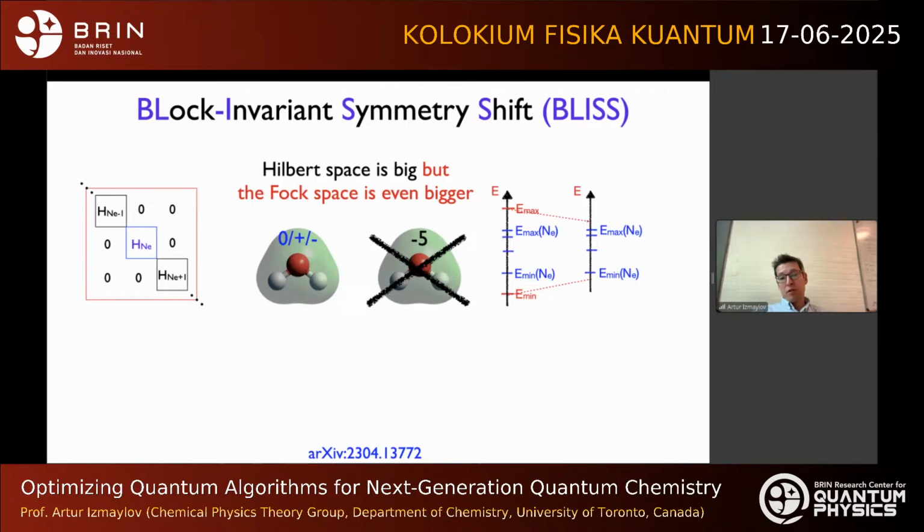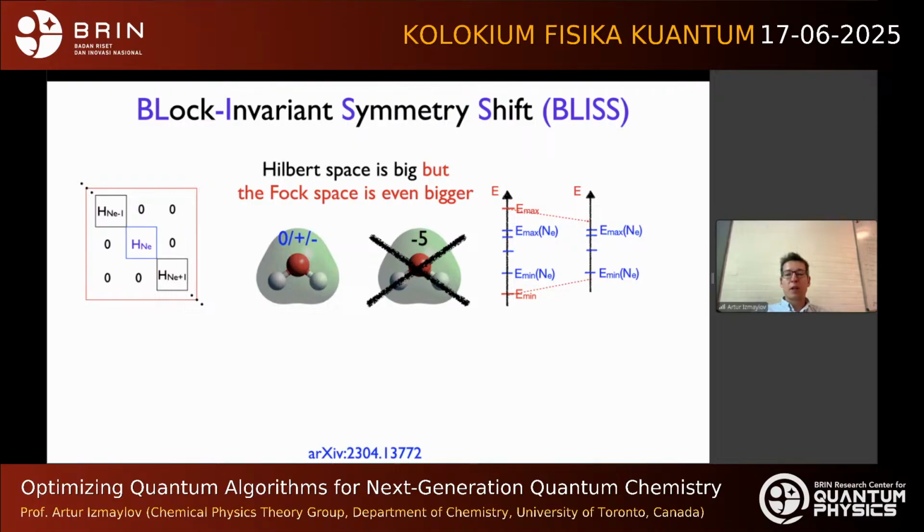Now, what can we do then? We can change the Hamiltonian, because some of these strange forms of water may have energies which are outside of the range of energies of the forms that we're interested in, right?